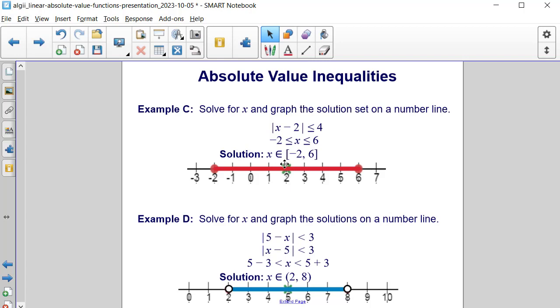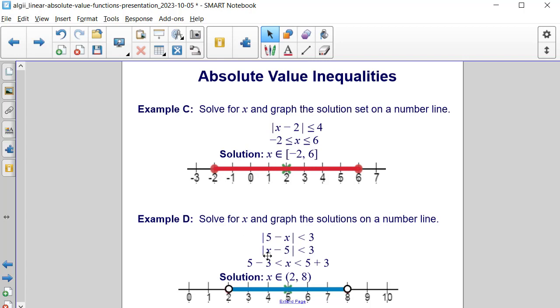It's also important to note that within the absolute value inequality, you can also mark the center point, which is 2 for the first one, and then you can go 4 above and 4 below graphically. And that's another way to think of the solution set from -2 to +6, including both endpoints.